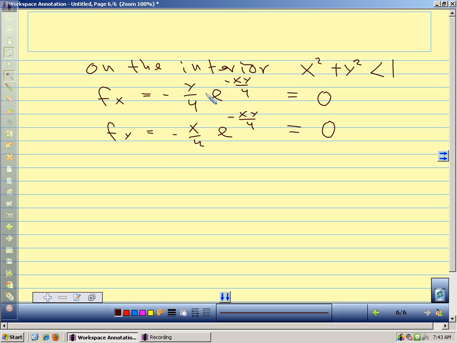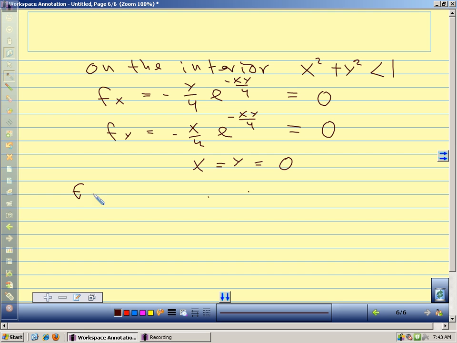And the only time when both of these are 0 is x equals y equals 0. On our interior, we have a number of possibilities for this point. It could be a maximum, it could be a minimum, it could be a saddle point. So we need to run our second partials test on the point 0, 0.